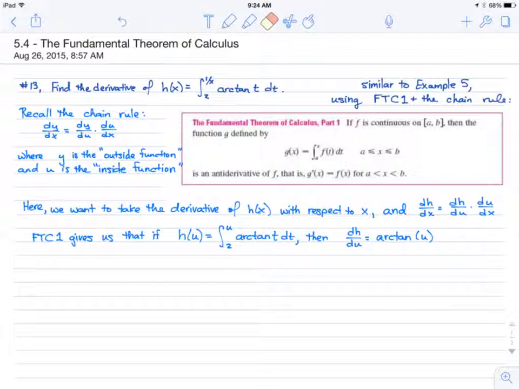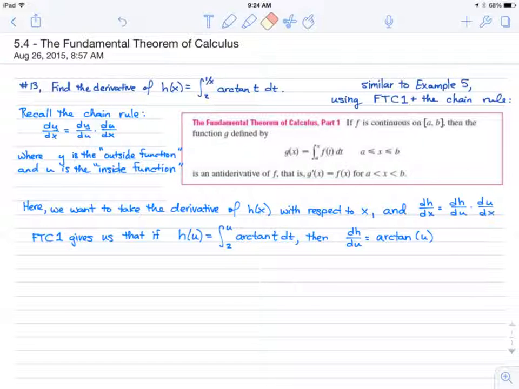Now, our variables also don't exactly match the variables in the statement of the fundamental theorem. So let's come back and rewrite the statement of the fundamental theorem in terms of our variables. So I've got here this function, the integrand is arctan t dt, and the upper bound of integration, I'm going to let that be u, because that's my inside function.